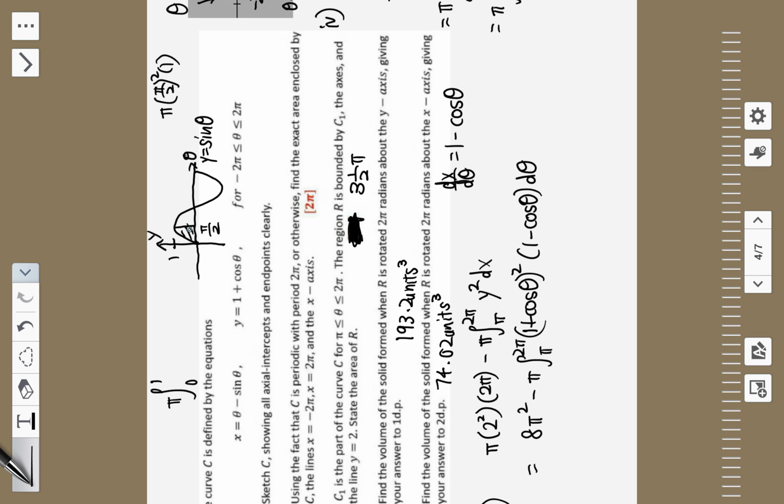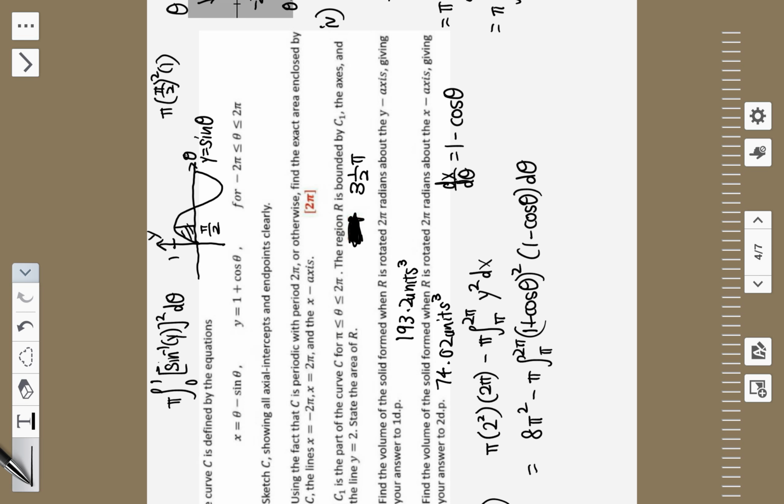The x value is theta, with respect to y, so dy, and theta squared, so theta is just sine inverse y, so sine inverse y whole thing squared d theta.